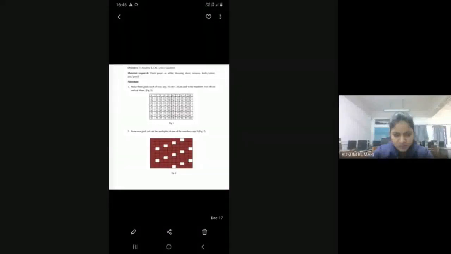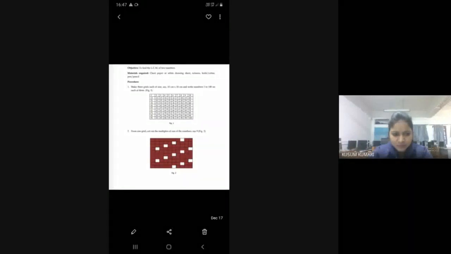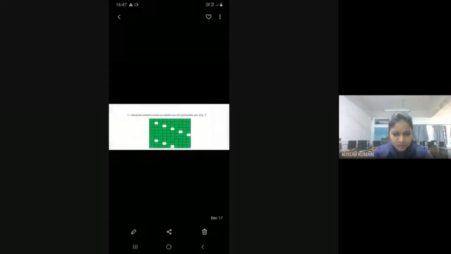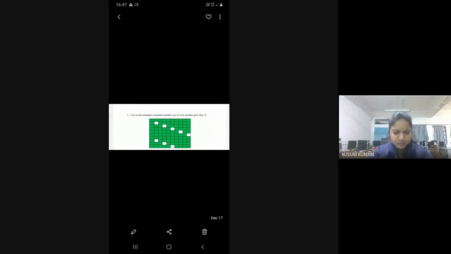We will make one sheet on a cardboard or piece of colored paper. Then we will take another sheet and cut all the multiples of 12, that is 12, 24, 36, 48, 60, like that up to 100.